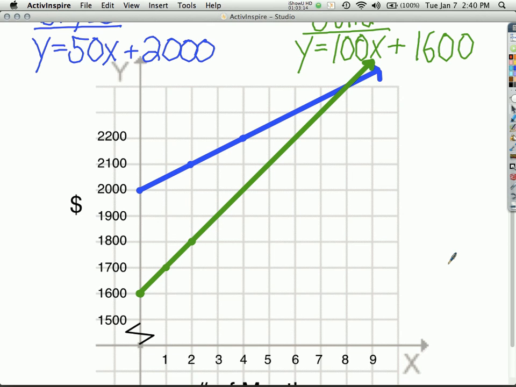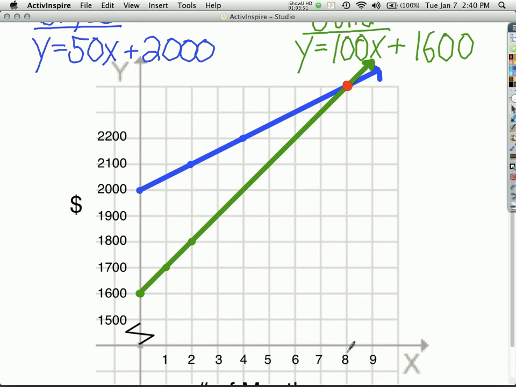So the question was, or we were actually asked to predict when they will have the same amount of money. So when do you think that they will have the same amount of money in their accounts? John? 2400. After how many months? Right here, right where they cross, if you go down, it's at 8 months.